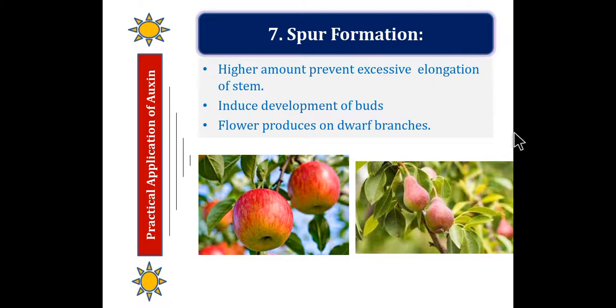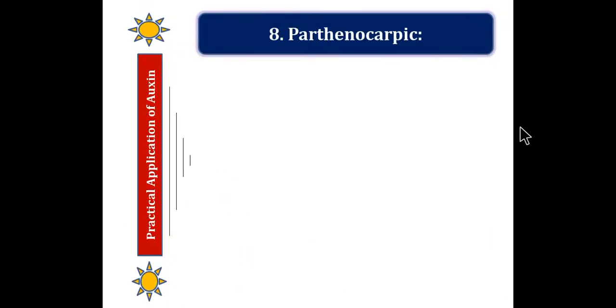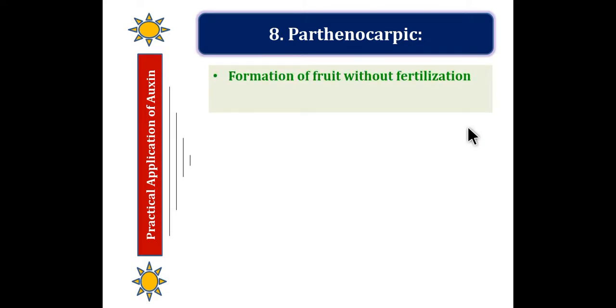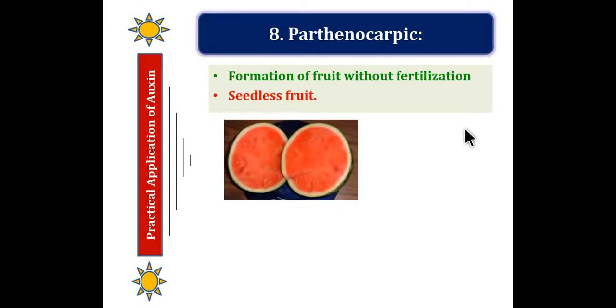The next application of auxin is parthenocarpic fruit development. The parthenocarpic fruit is formed without fertilization. These are seedless fruits. So auxin treatment converts the flowers into fruit without fertilization, and that fruit is called a seedless fruit.